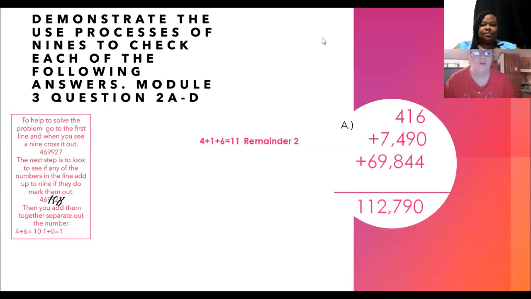When you see a 9, cross it out. Our first line is 4, 1, 6. We do not have a 9 in there, so we do not have to cross it out. The next step is to look to see if any of the numbers in the line add up to 9. If they do, mark them out. 4 plus 6 plus 1 equals 11. They do not equal 9, so we do not have to cross them out.